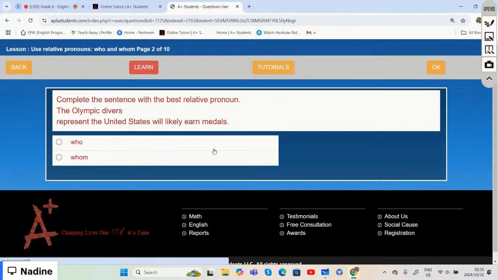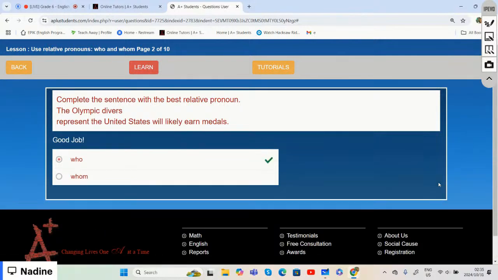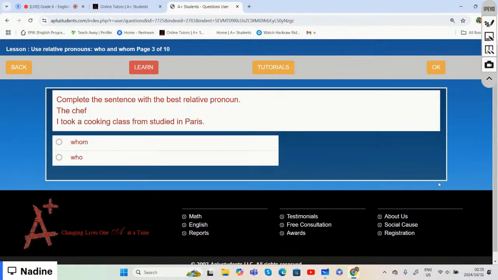And if we were to choose the correct one, the Olympic divers who represent the United States will get a medal.